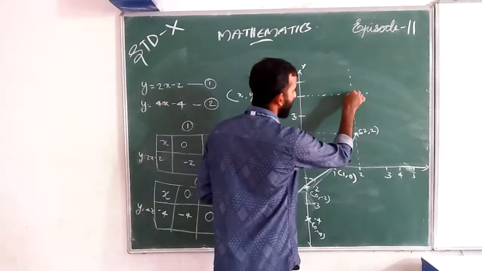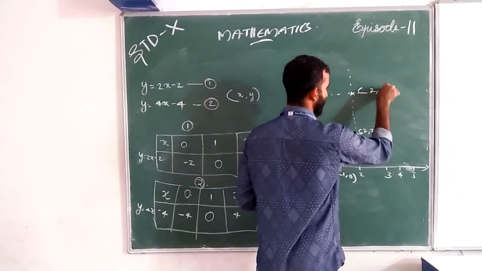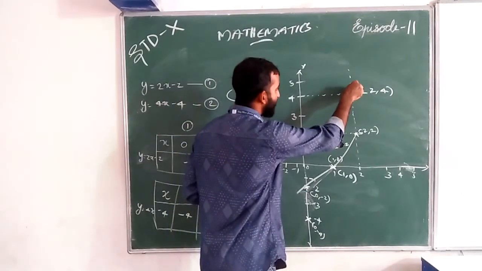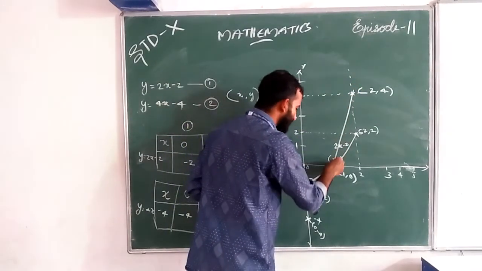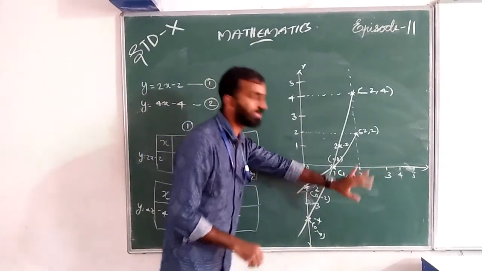I get the intersection, that is, here is 2, 4. I draw a line through these points. I get an intersection at 1, 0.